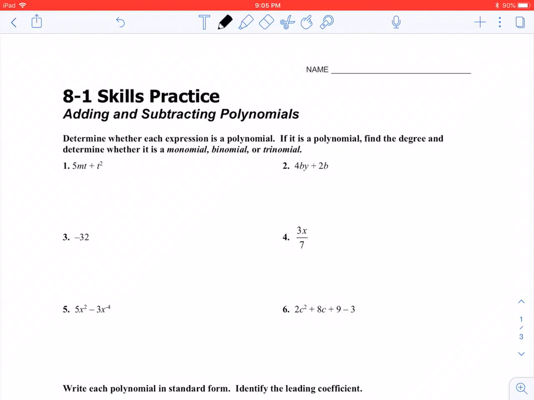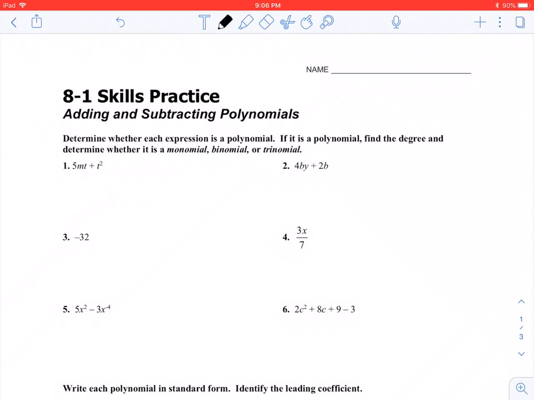So there's quite a bit going on there. Basically, you need to classify these with two names. You need to say whether it's a polynomial, and then I'm also going to include what type of polynomial it is. And then we need to say how many terms it has, and that's where the monomial, binomial, trinomial comes in.